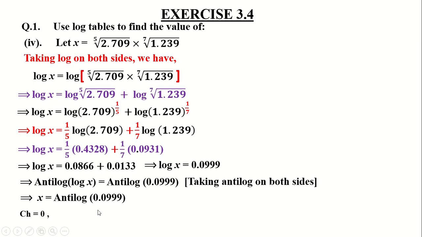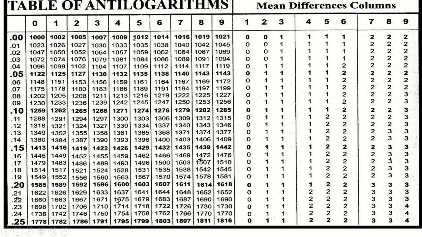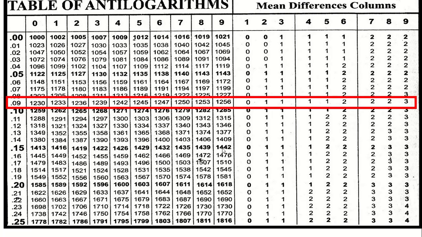Then in the antilog table we find out 0.09 in 9 and then again in 9. We have 1256 plus 3.